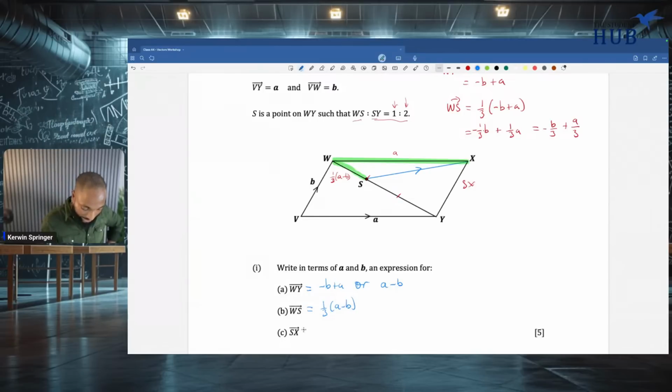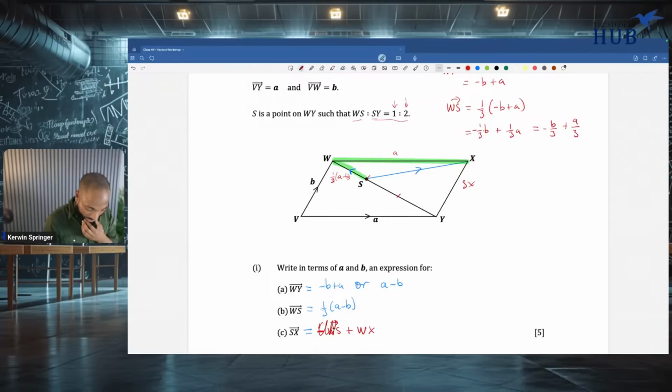And then SX is the reverse of this. Because to go SX, I need to go the reverse. This is WS. So SX is really minus WS, the reverse, plus WX.